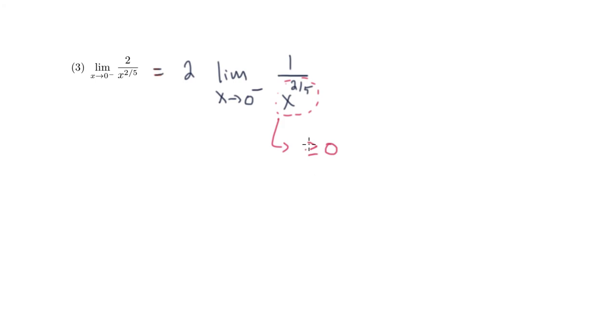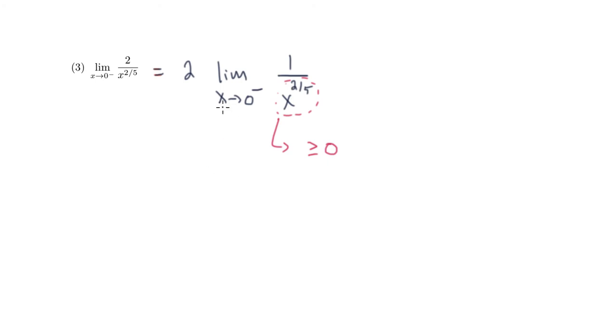Because I'm squaring something, which is going to take a negative number and make it positive. And it's going to take a positive number, keep it positive. 0 is, of course, going to go to 0. And then taking the 5th root, but that's also still just going to be a positive number.